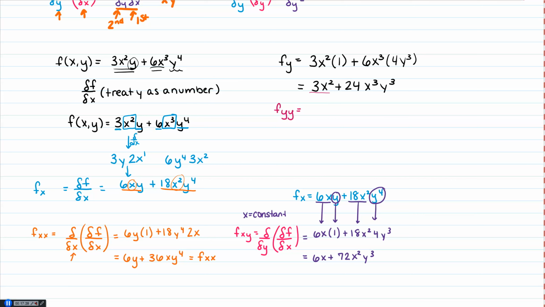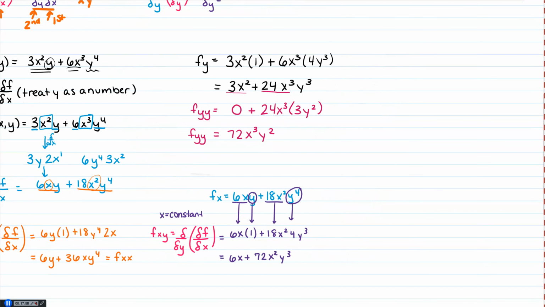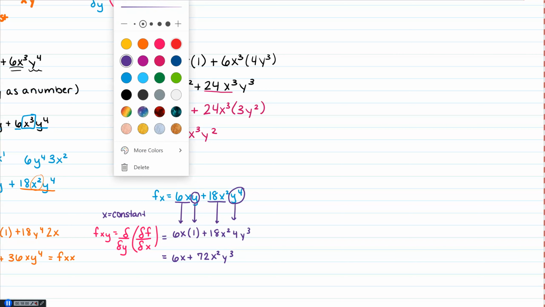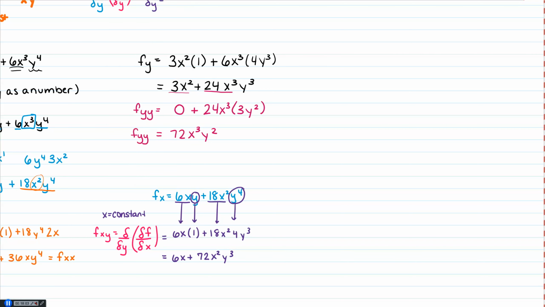It's a constant, so the derivative is 0 plus, and then in this second term, we do have a y term, so our constant will come down, and then we'll take the derivative with respect to y, 3y squared. So f sub yy, the second partial derivative with respect to y and with respect to y again, would be 72x cubed y squared.